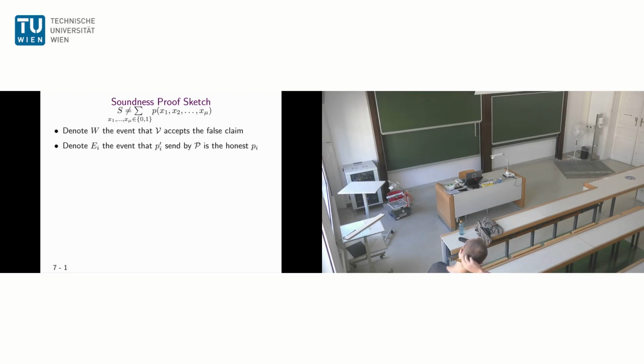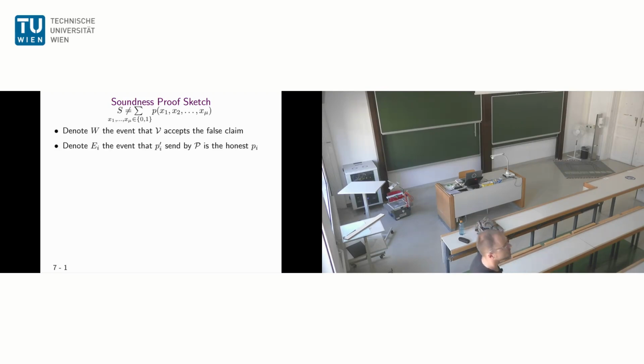Okay, the soundness proof sketch. It's astonishingly simple. It fits on one slide again. So let's have one event that the verifier accepts the false claim. We denote this by V. So even though this is not the case, he will say, oh, I believe you. And then let's have the events we denote E_i, which are events that the prover sends a polynomial that is actually the honest polynomial in that round.